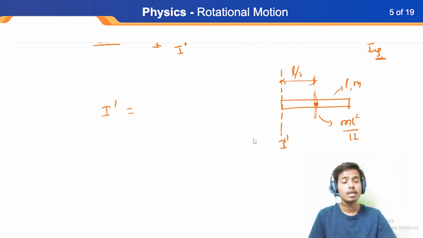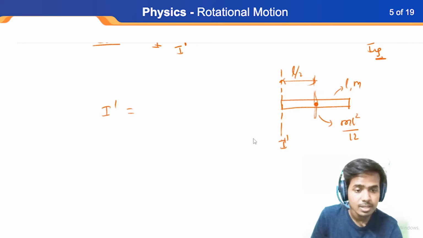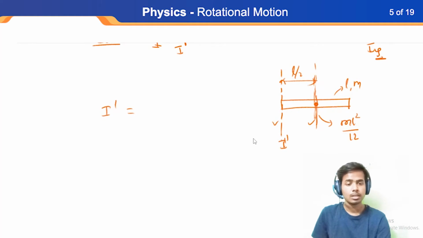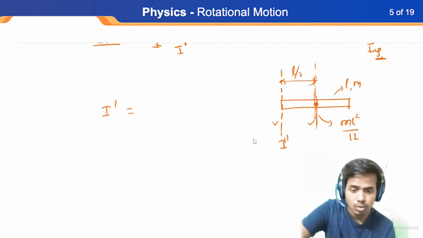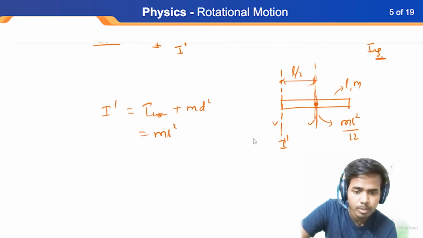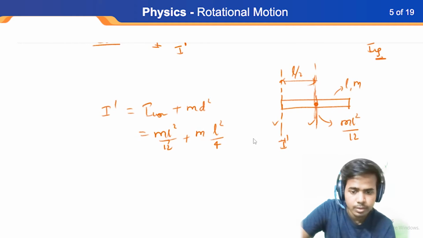Of course, we should apply the parallel axis theorem, because this axis and this axis are parallel and one of them lies on the center of mass. So this I_CM plus Md². So what was that? ML²/12 plus ML²/4. When you calculate all this, it comes out to be ML²/3.